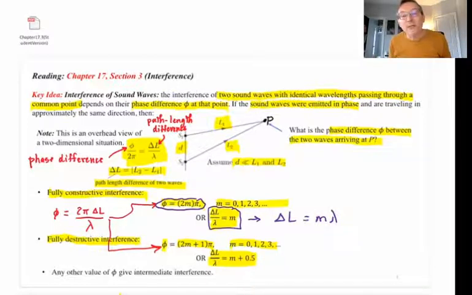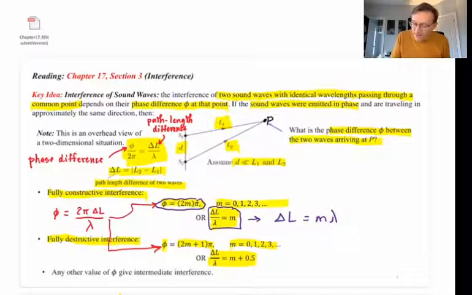Delta L over lambda for fully destructive interference must be m, one of those numbers in that string of integers, plus a half. So if m is 0, then delta L over lambda is 1/2. If m is 1, it's 1 1/2, 3/2. If m is 2, it's 2 1/2, 5/2, etc.